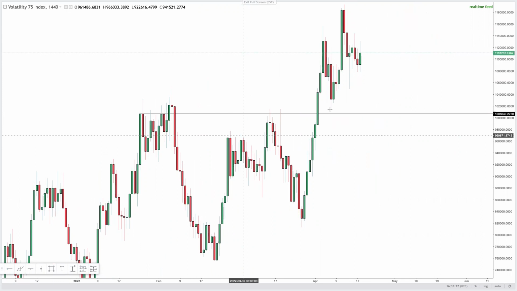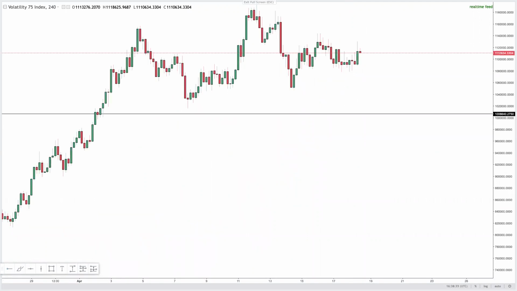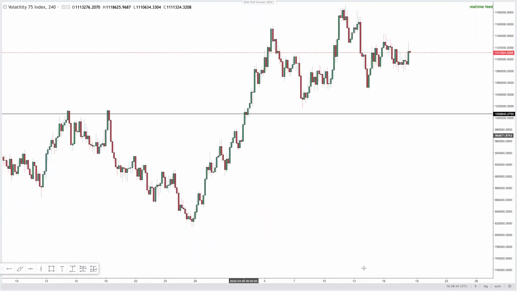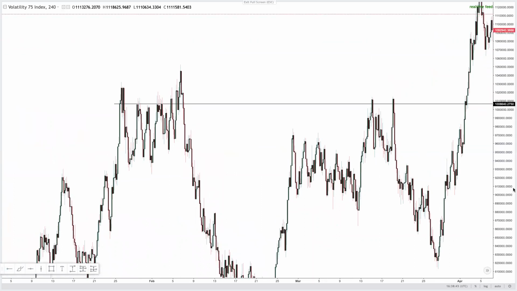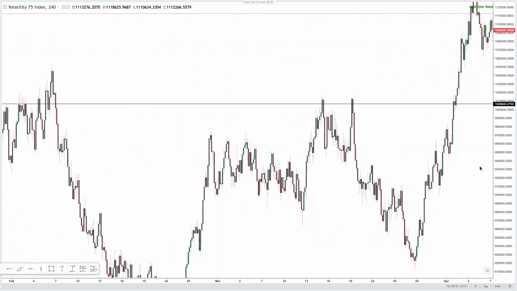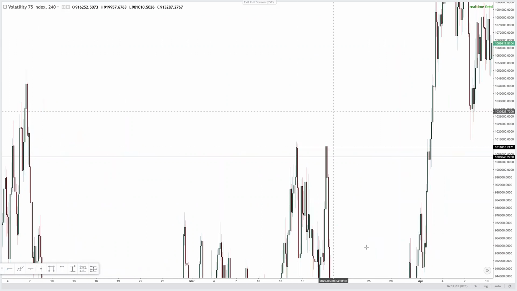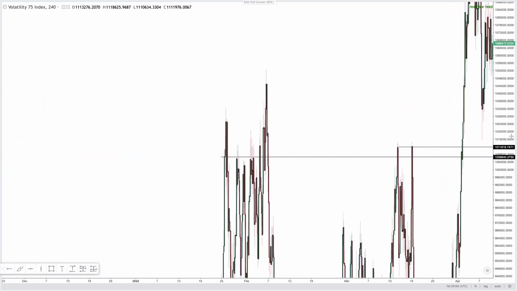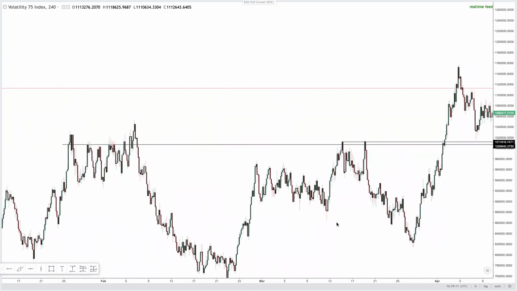So we are supposed to look for a re-entry in lower time frames, whereby we can see price came to retest on this re-entry right here. So this was our entry right here.